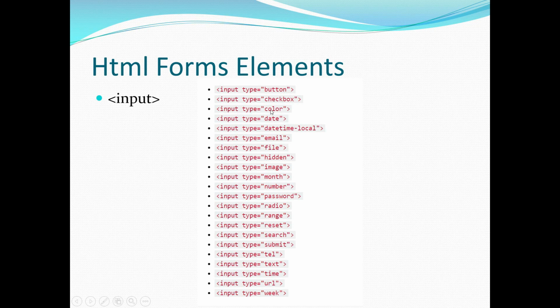Okay, so type color, type date, datetime-local, email. Email is used for validation of email. Okay, type file, type hidden, type image, type month, type number. So these are all the input types that can be used in HTML forms.